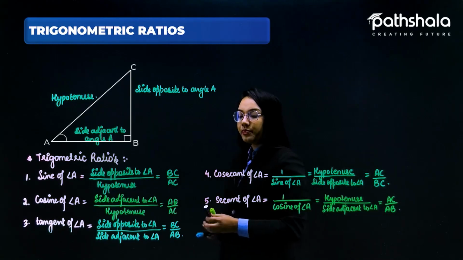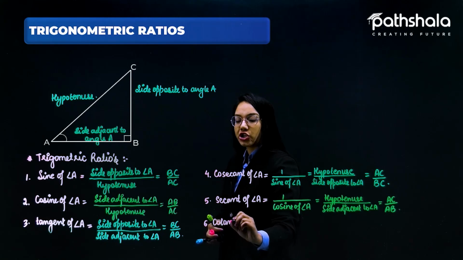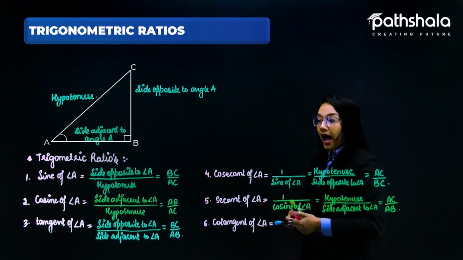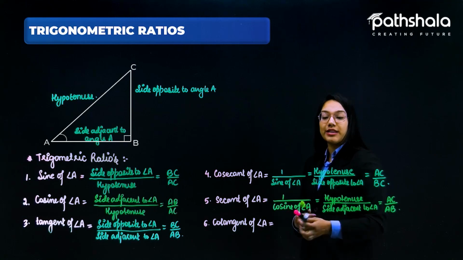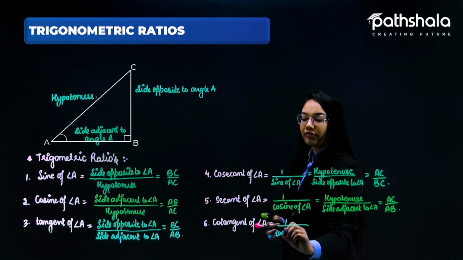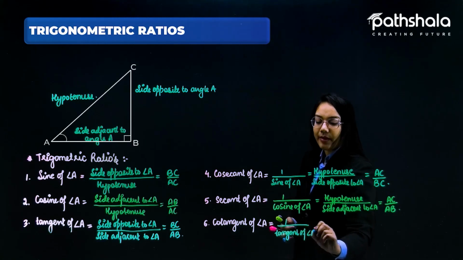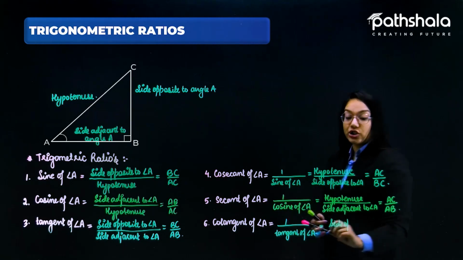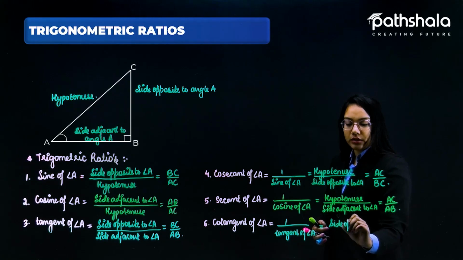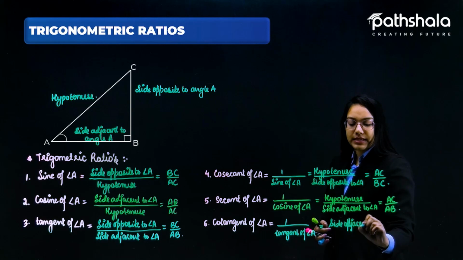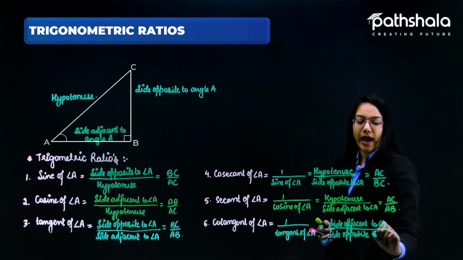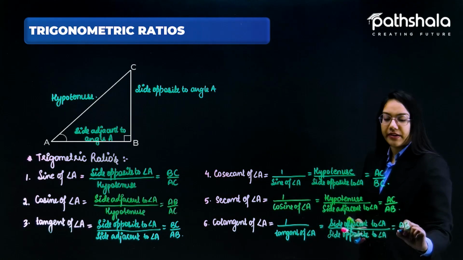Now let's talk about the sixth one, called cotangent of angle A. Cotangent of angle A is again a reciprocal of tangent of angle A, and tangent of angle A is side opposite divided by side adjacent, so this is side adjacent to angle A divided by side opposite to the angle A, which is AB divided by BC.